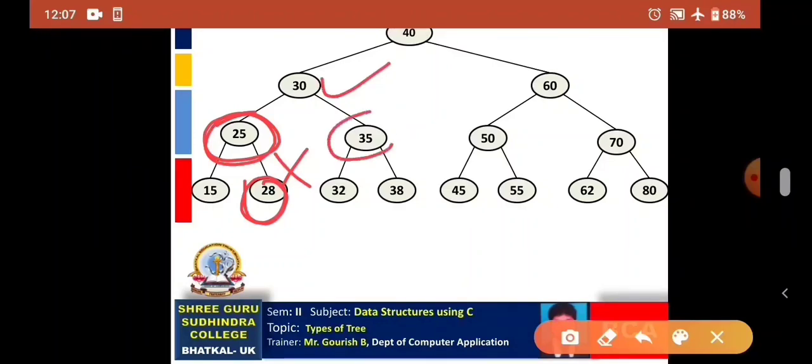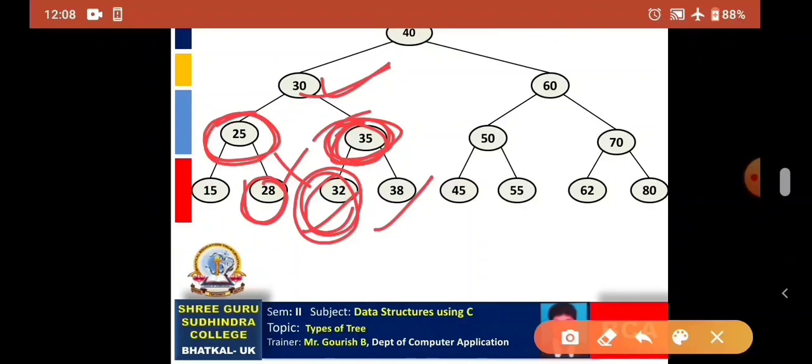Again, if you consider the 35 over here, it is the right child of 30, right? So it should be greater than 30. Okay, fine. If you consider the 35, on the left side it is 32, and on the right side it is 38. But this left side should not be less than 30. Right? This is the concept of binary search tree.